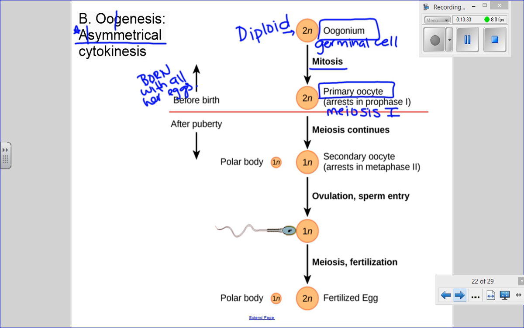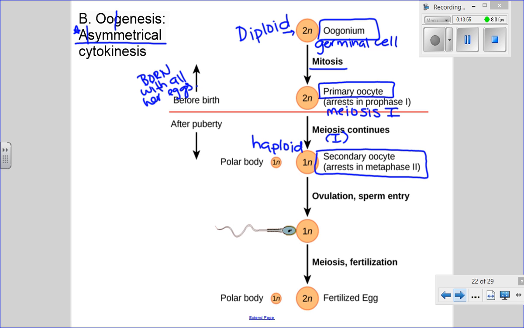So once puberty hits, my primary oocyte will continue meiosis 1. So I'm just going to add a note here. This is meiosis 1 that we're finishing. Then we end up with a secondary oocyte. The secondary oocyte is haploid.